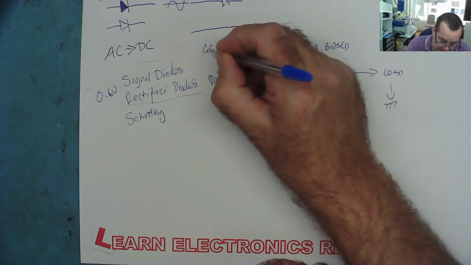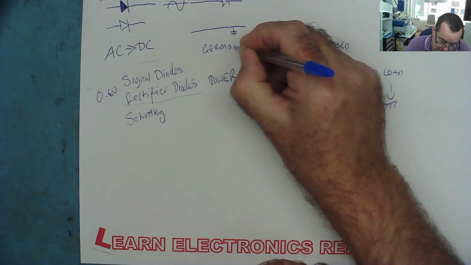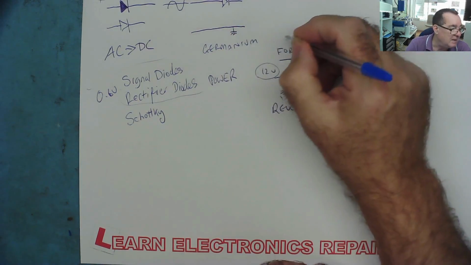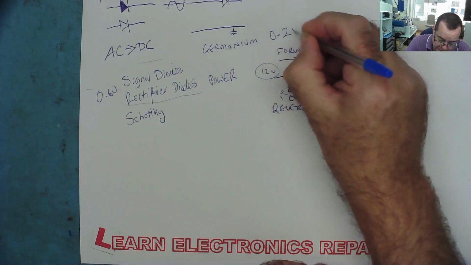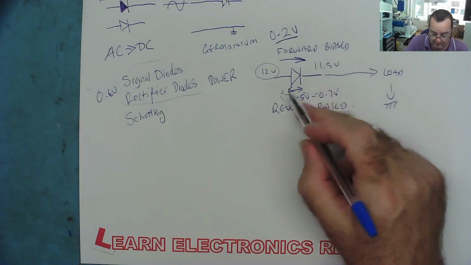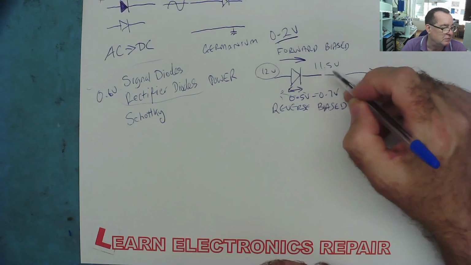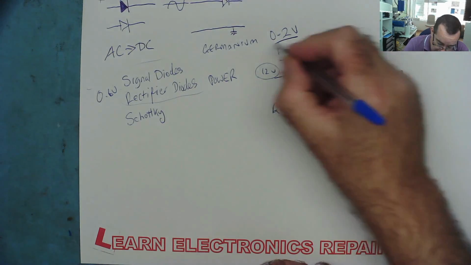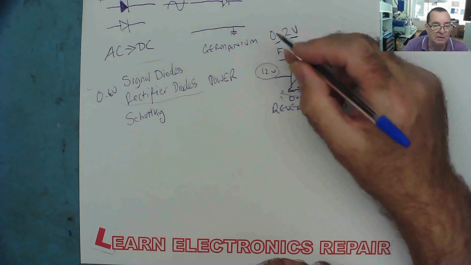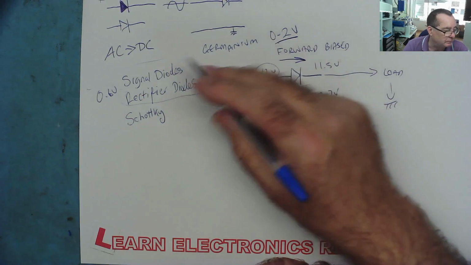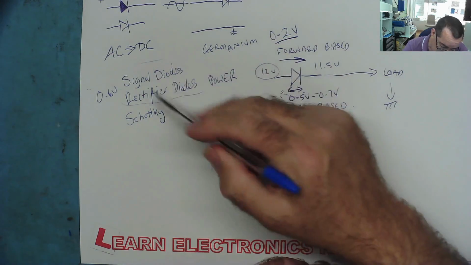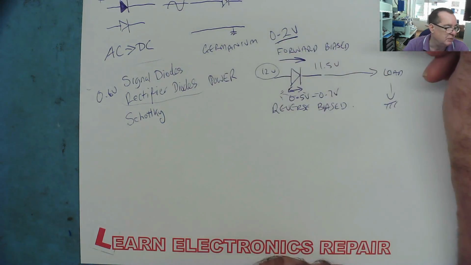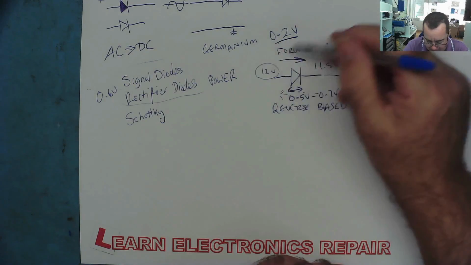They were made of a material called germanium. And they dropped about 0.2 volts, a much lower forward bias voltage to get it to conduct. You'll only really come across these on vintage equipment and possibly in some high frequency and radio circuits.